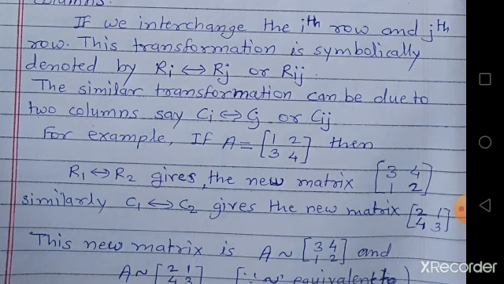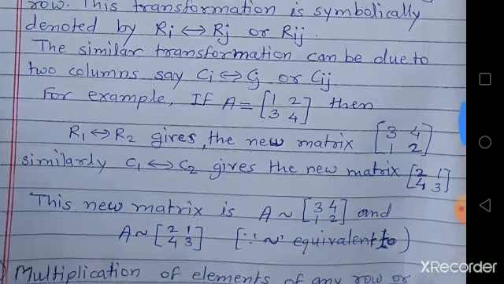For example, if matrix A is first row 1 2, second row 3 4, then R1 interchange R2 gives the new matrix, first row 3 4 and second row 1 2.